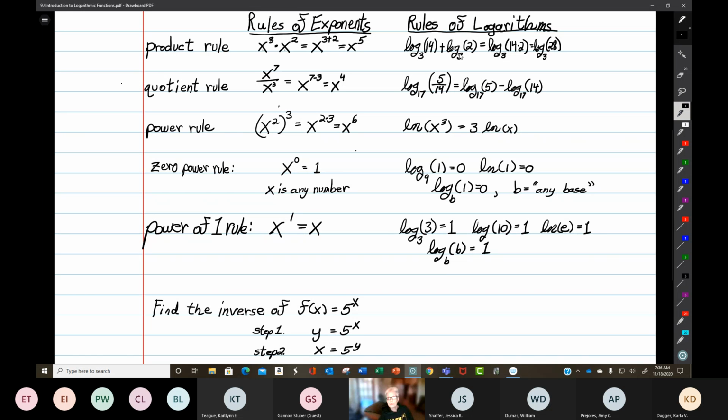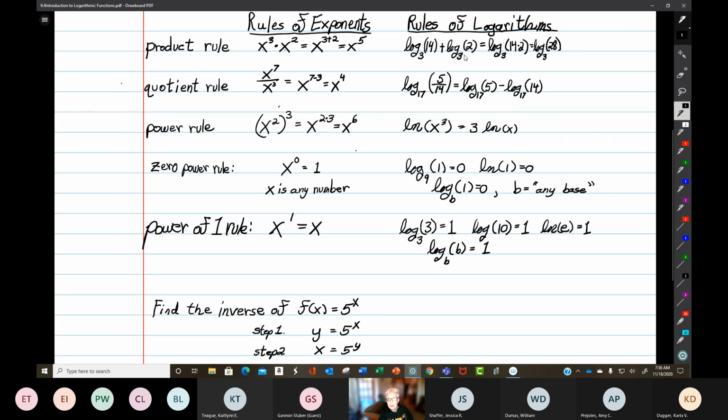So the product rule for logarithms is that, now these are just for instance numbers. These numbers are not important in and of themselves. I just chose them. Log base 3 of 14 plus log base 3 of 2. This is addition. When you add two logarithms that have the same base, what you do is you multiply the arguments.